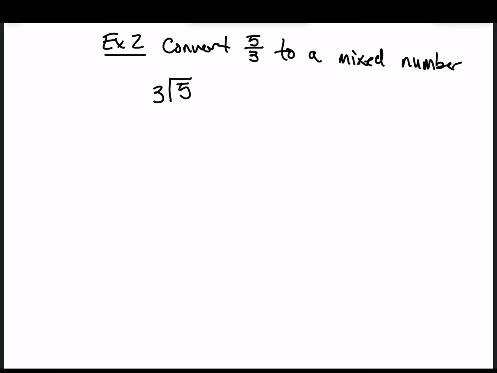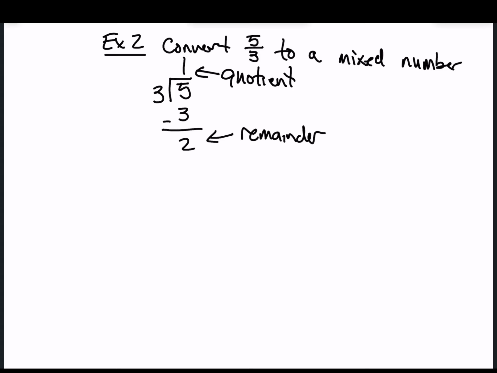We'll do this sort of long division form. 3 will go into 5 one time. 3 times 1 is 3. 5 minus 3 is 2. So our quotient is 1. And our remainder is 2. So how do we write that as a mixed number? Well, we write it as the quotient and then the remainder over the original denominator, which was 3. So our answer is 1 2/3.